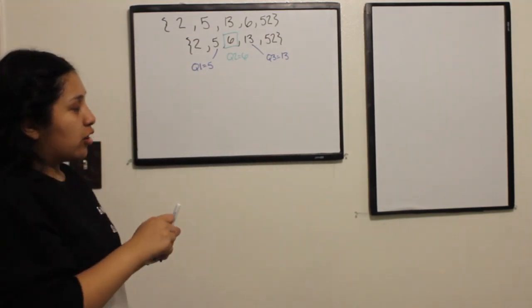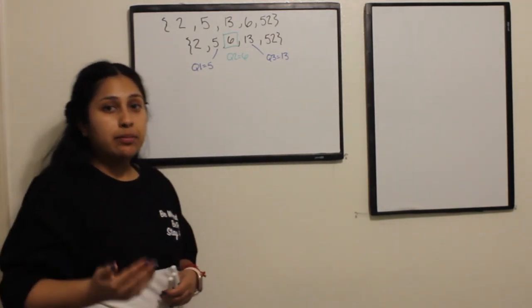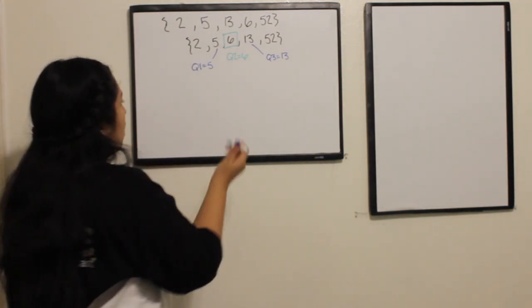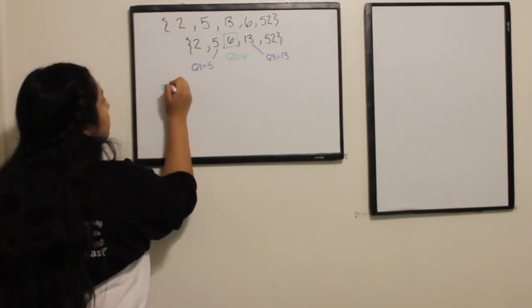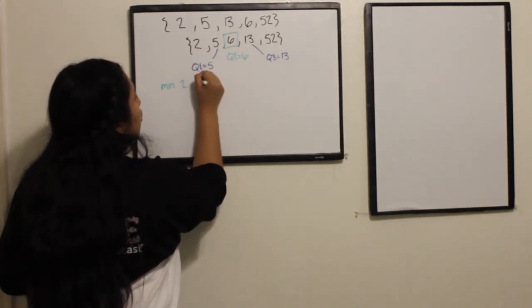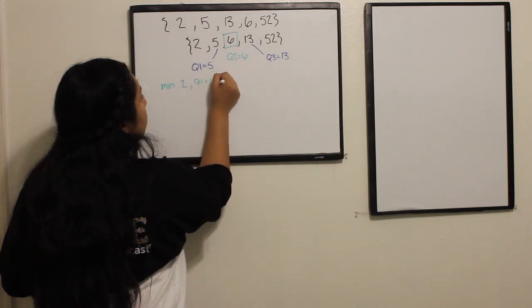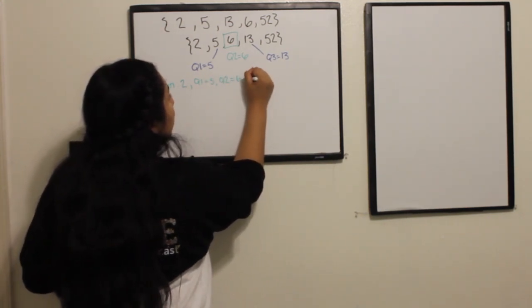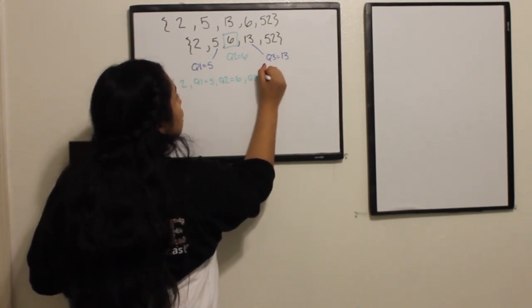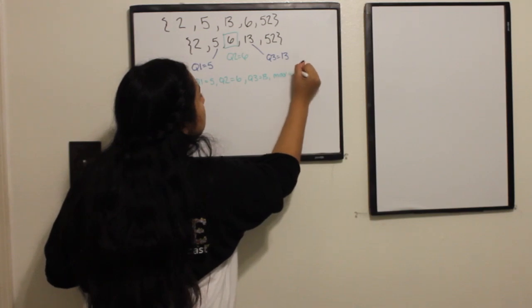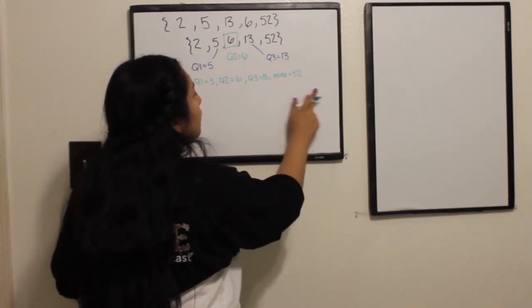So now that we have all of those, we're going to find our minimum and our maximum of the set. Our minimum in this set is 2. Our quartile 1 is 5. Quartile 2 is 6. Our quartile 3 is 13. And our max is 52.